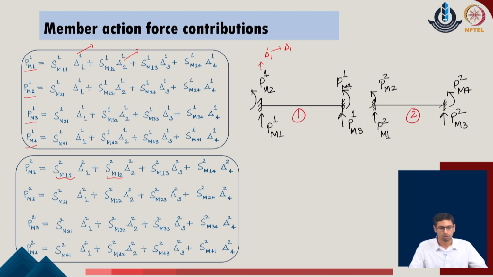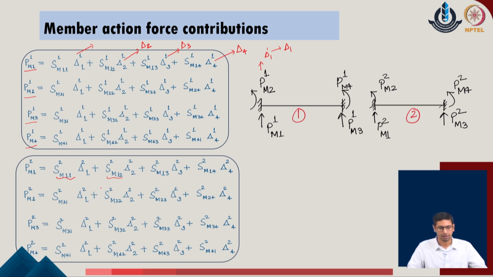Similarly, delta 2 corresponding to member 1 is the same as delta 2 of the structural system. Delta 3 corresponding to member 1 is the same as delta 3 of the original system, and similarly delta 4 of member 1 is the same as the corresponding degree of freedom 4 of the global system.